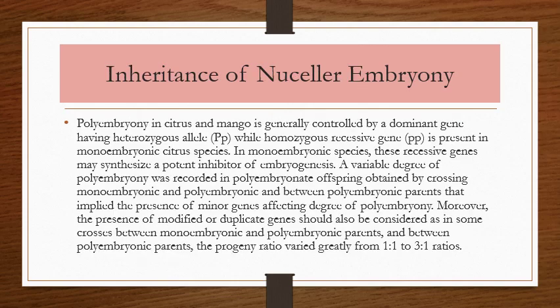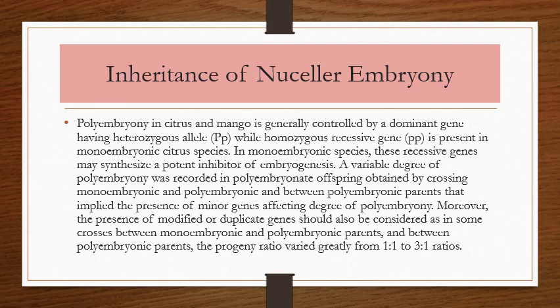Inheritance of nucellar polyembryony. Polyembryony in citrus and mango is generally controlled by a dominant gene having a heterozygous allele, while the homozygous recessive gene is present in monoembryonic citrus species. In monoembryonic species, these recessive genes may synthesize potent inhibitors of embryogenesis.